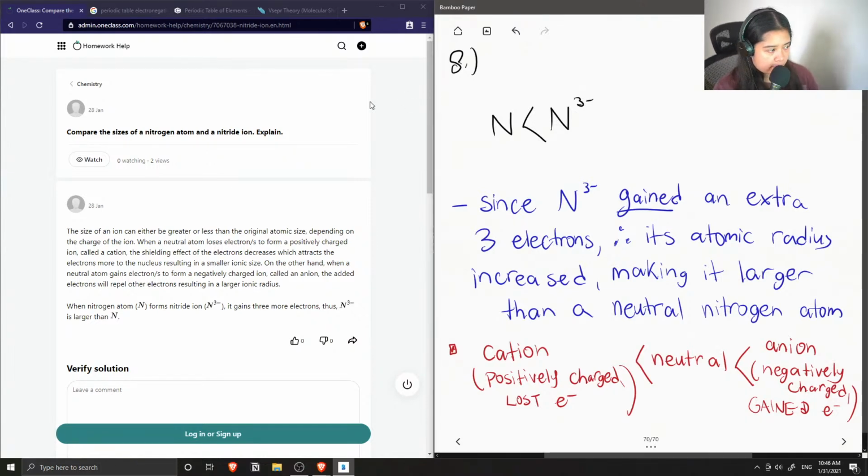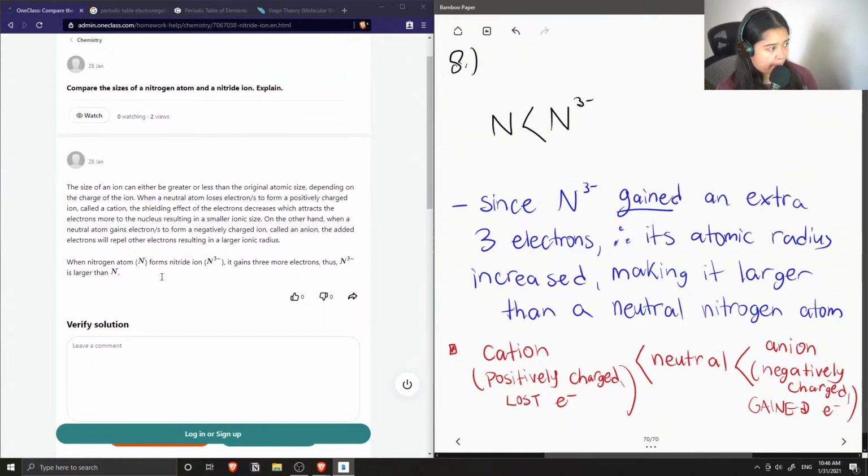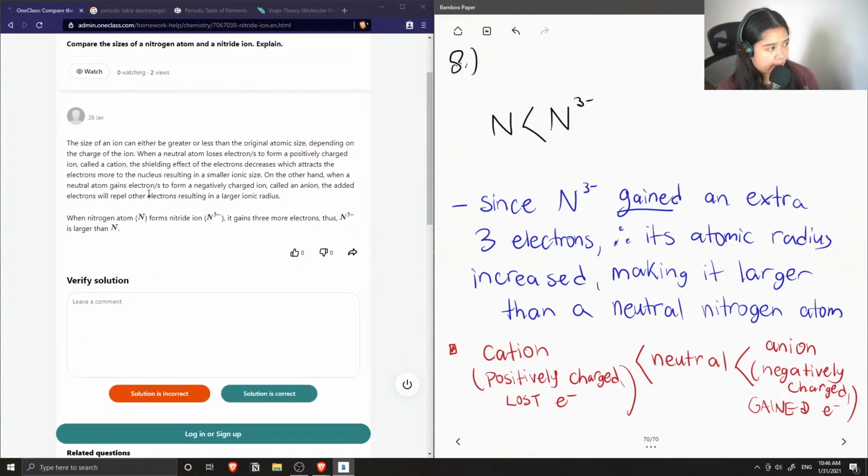Okay, so let's see what Junior Tutor said. The size of an ion can either be greater or less than the original atomic size, depending on the charge of the ion. When a neutral atom loses electrons to form a positively charged ion, called a cation, the shielding effect of the electrons decreases, which attracts the electrons more to the nucleus, resulting in a smaller ionic size.